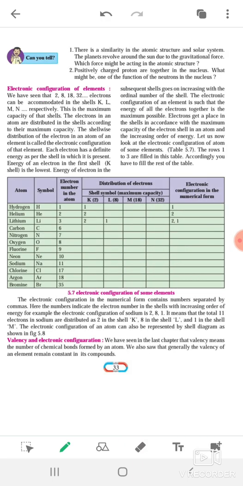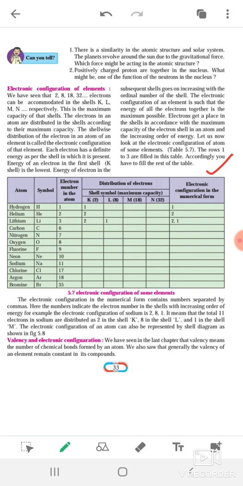Take a pencil in your hand and start writing the electronic configurations. In the examples we have done the configuration of helium, oxygen and sodium, and it's your job to write these elements' configurations in this table. I will do all of them for you, but it's your homework to do it on your own.